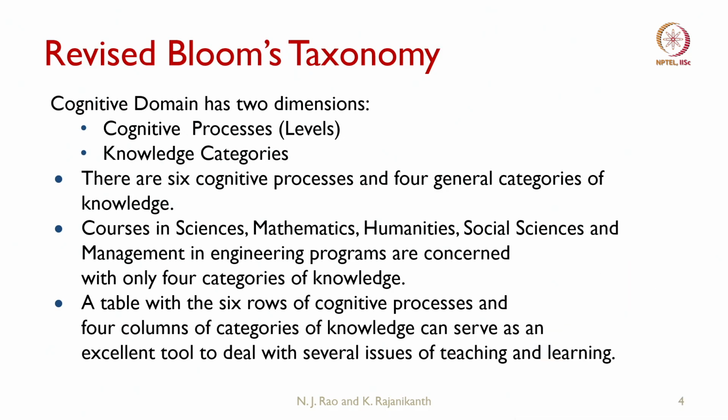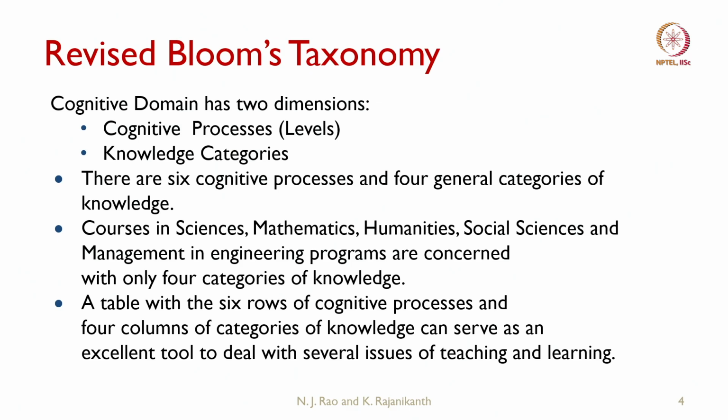As they constitute a fairly significant part of an engineering curriculum, we need to look at only 4 categories of knowledge. So a table with 6 rows of cognitive processes and 4 columns of categories of knowledge can serve as an excellent tool to deal with several issues of teaching and learning.